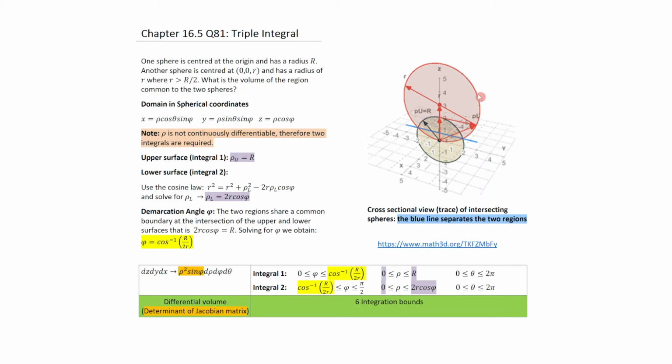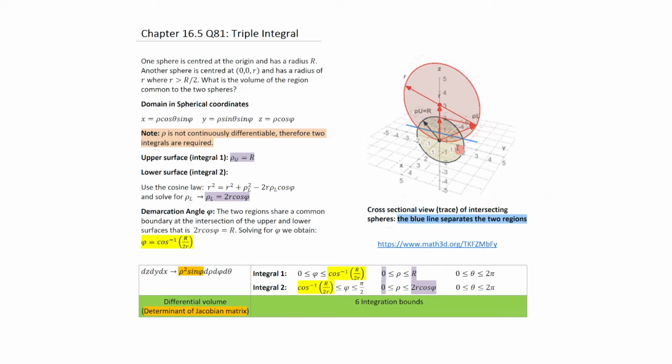In drawing, it's easier to use just a trace to visualize the problem. If you take a plane that cuts through the origin in any particular direction, you will end up with a picture that looks like this. The trace shows a circle of radius capital R and another circle of radius small r offset by distance small r along the z-axis.